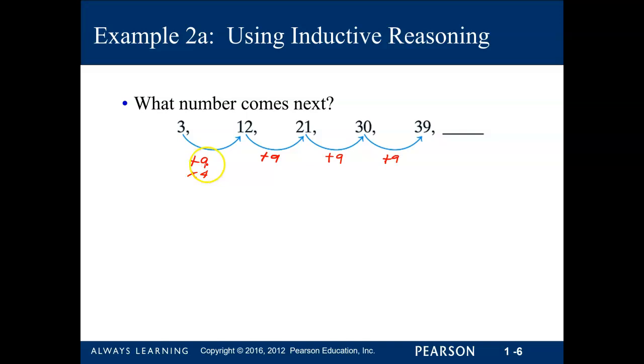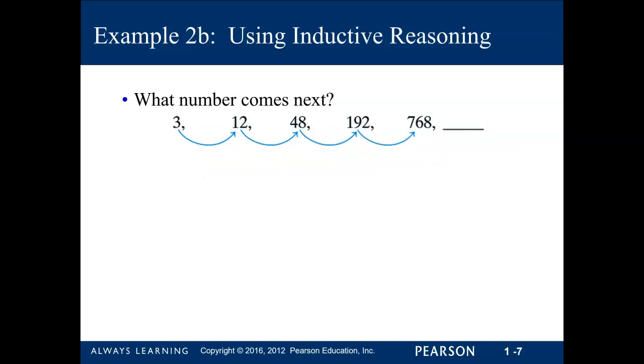Seeing that the pattern is plus 9, plus 9, plus 9, plus 9, can we make a conclusion that the missing number here is simply 39 plus 9? Looking at the pattern, 39 plus 9 is going to be equal to 48. All right? So that is how you can use inductive reasoning, and how you can predict values based on the patterns that you have observed.